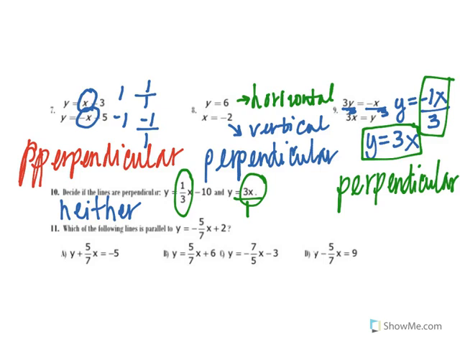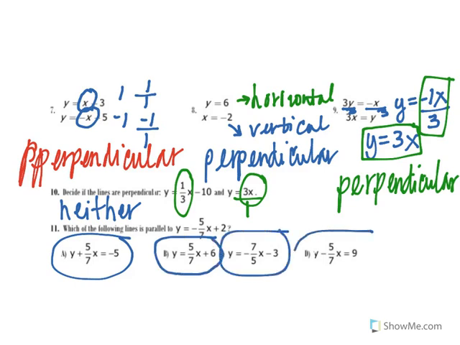Number 11 says, which of the following lines is parallel to y equals negative 5/7 x plus 2? Before I can do this, I have to make sure that each one of my answer choices has y by itself, which A and D do not, so I would have to get y by itself before I could answer that.